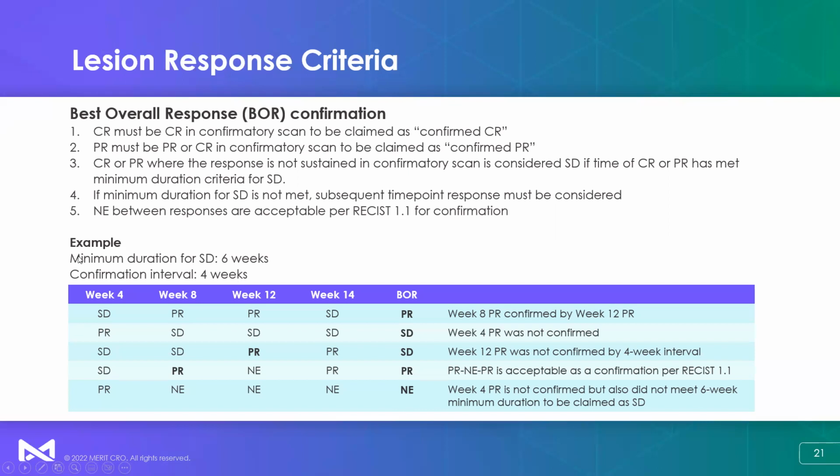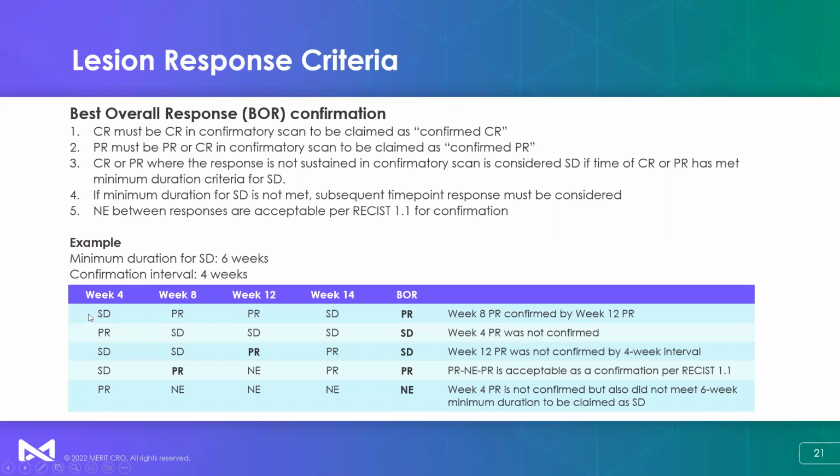In our example study, I would say the minimum duration for SD, or stable disease, is 6 weeks. And we would also assume that the confirmation interval has to be at least 4 weeks. I have 5 different subject cases as examples to derive the BOR.